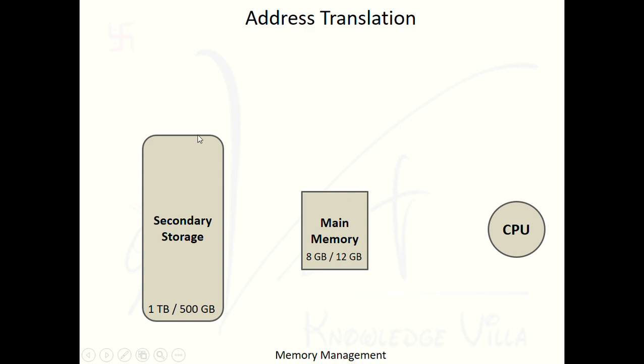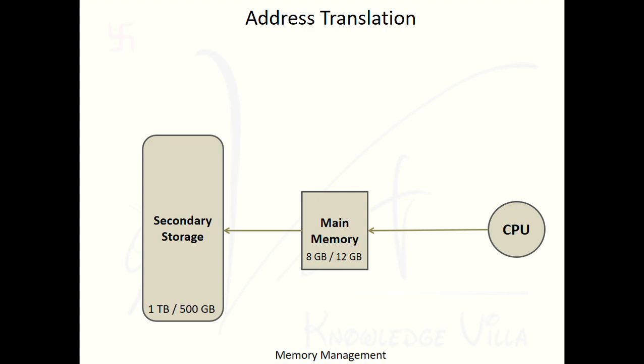It is difficult to search the data in secondary storage due to its large size, but we can search main memory much faster because it is small. So when the CPU accesses data, it accesses it from main memory, where data arrives from the secondary storage. This is all about memory management and address translation.